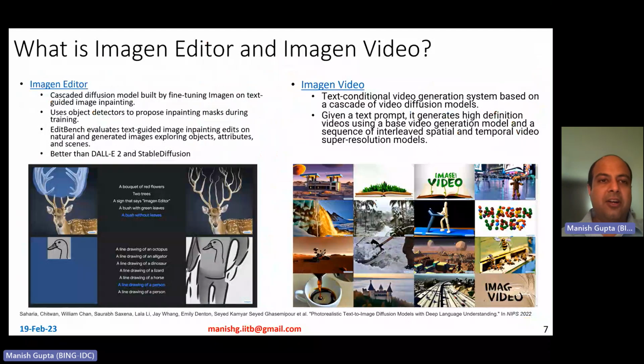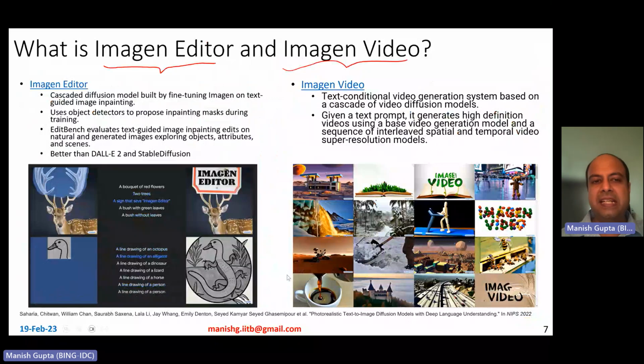Now, the Imagen model has been extended further by these folks to create something called Imagen Editor and Imagen Video. So what is Imagen Editor? Let's look at this video to understand it. It's basically inpainting.